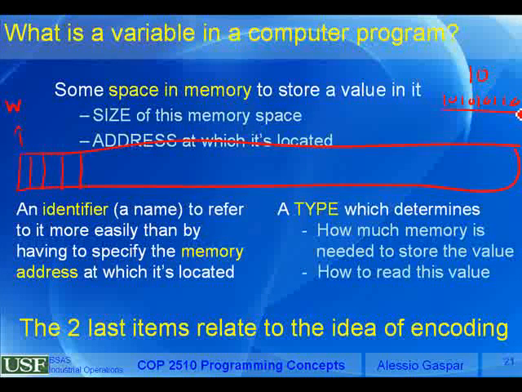Same thing when you store a character. When you store a single character like the letter A somewhere in your program, it is going to be stored as a sequence of binary digits in memory. So, assuming your memory is a ribbon, each word is going to be able to contain a certain number of bits.